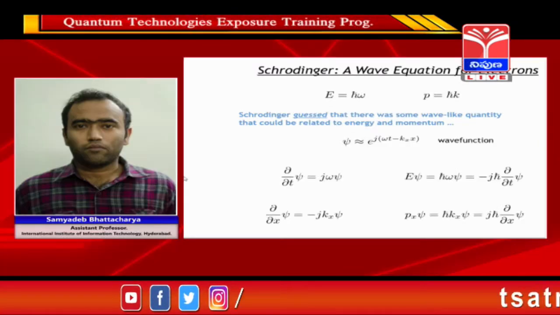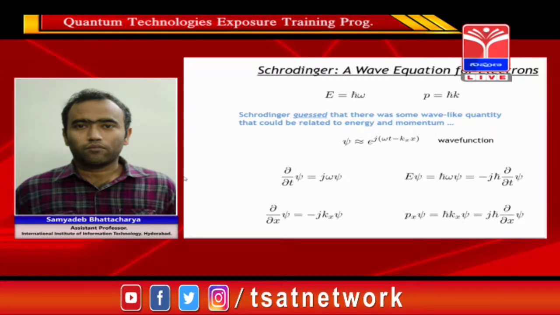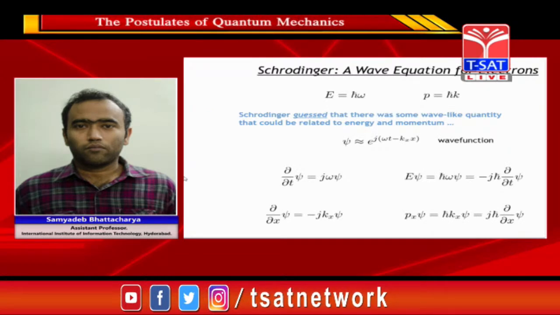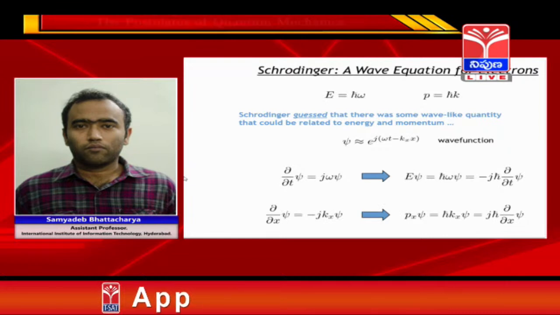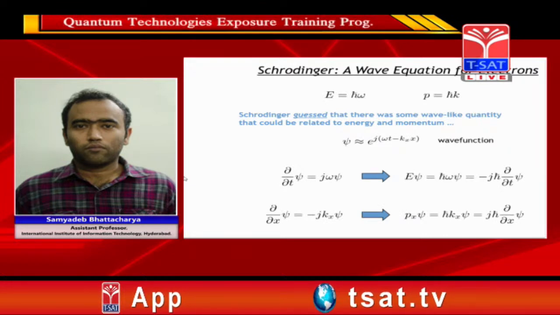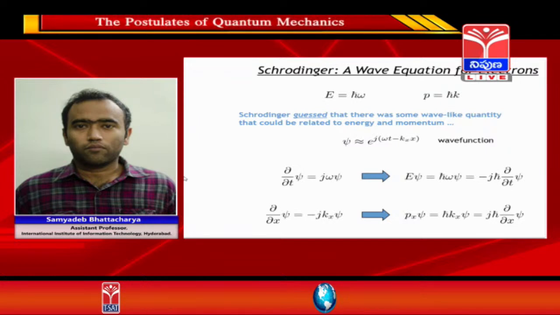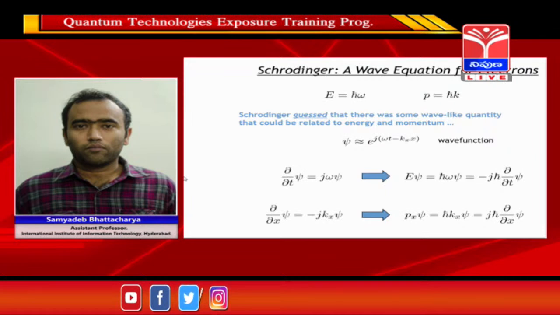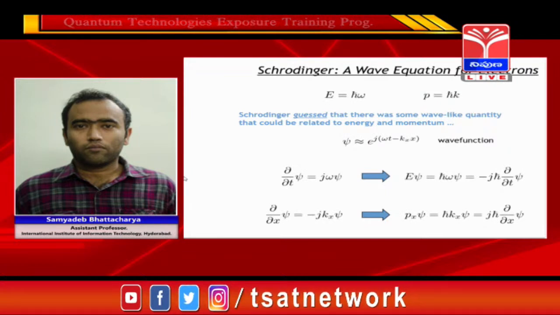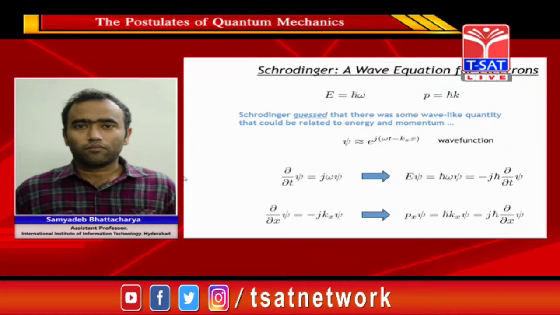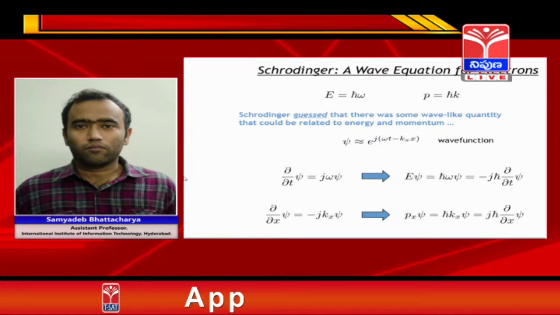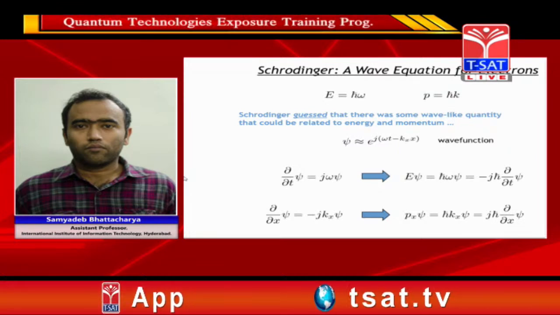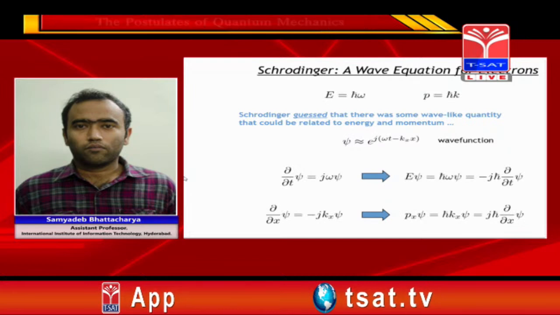Right now understand it as a wave function xi, which is e to the power j, where j is the imaginary unit, root over -1, times omega t minus k x. This we get from the usual wave function, as wave functions are understood from the theory of waves.